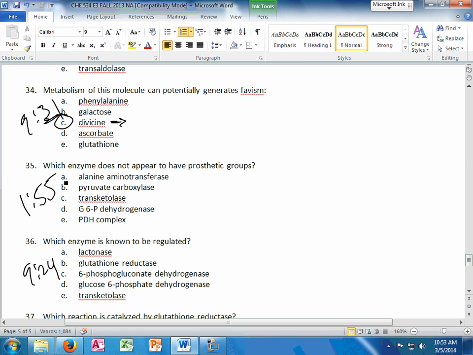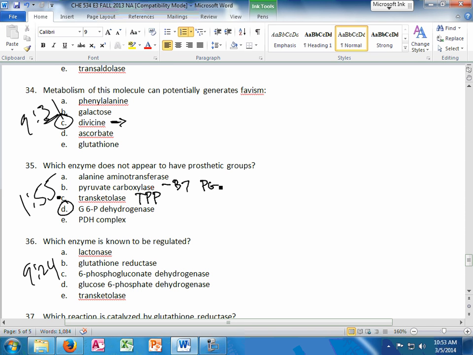Which enzyme does not appear to have prosthetic groups? If you're looking at his key, he had marked transketolase, and I think that was an error. I believe the answer is G6P dehydrogenase. Transketolase is TPP, so B1, that's a prosthetic group. Pyruvate carboxylase is biotin. Biotin is B7, another prosthetic group.